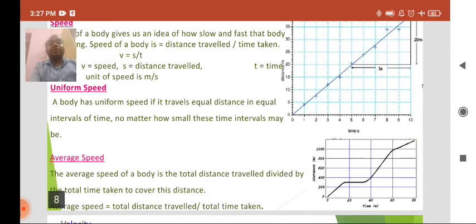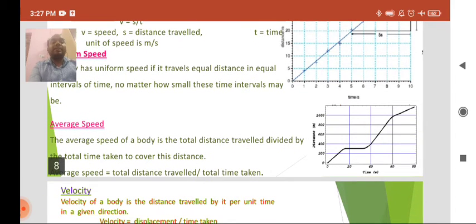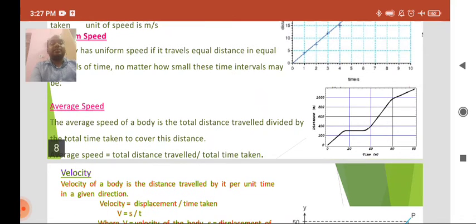So we talk about next, average speed. What is the average speed? Average speed you can see in the figure. Average speed means the average speed of a body is the total distance traveled divided by the total time taken to cover this distance.